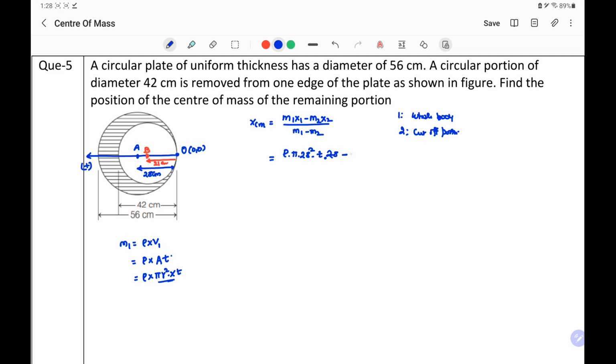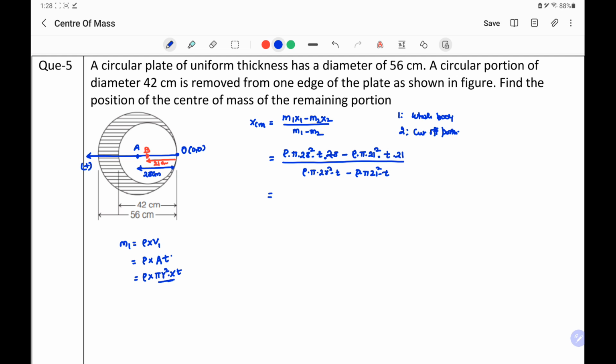Then minus the mass of the cutoff portion, which will be rho density, then pi, and its radius is 21 square into thickness t, and the distance of the point B, that is the center, from the reference point is 21, and divided by rho into pi into 28 square into t minus rho into pi into 21 square into t.